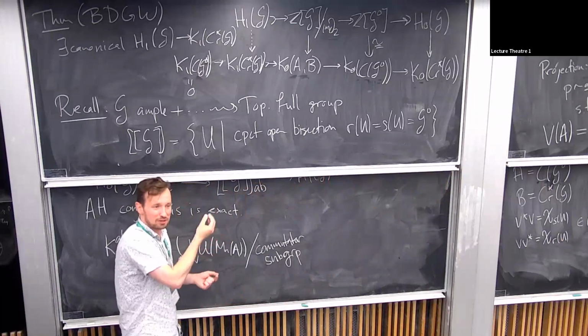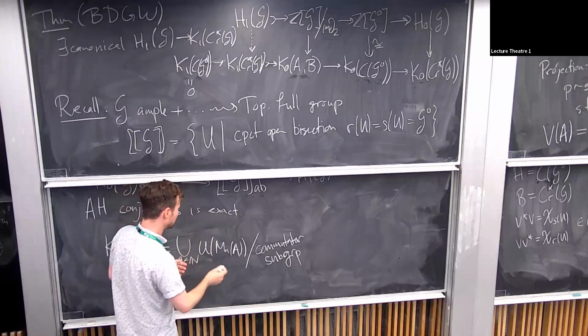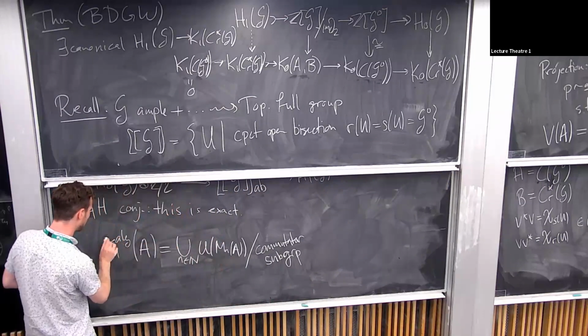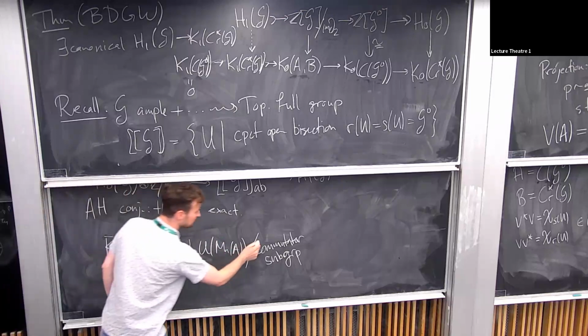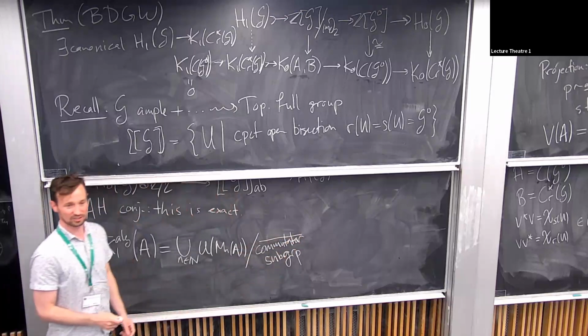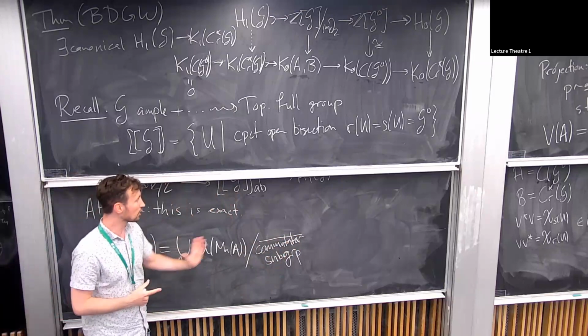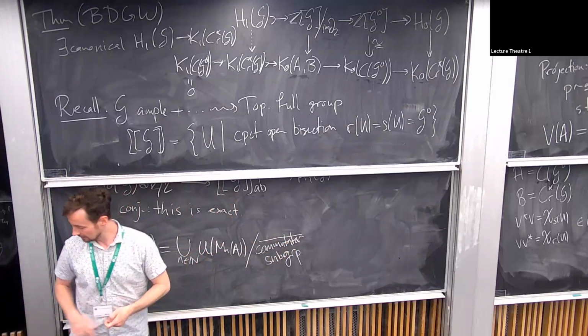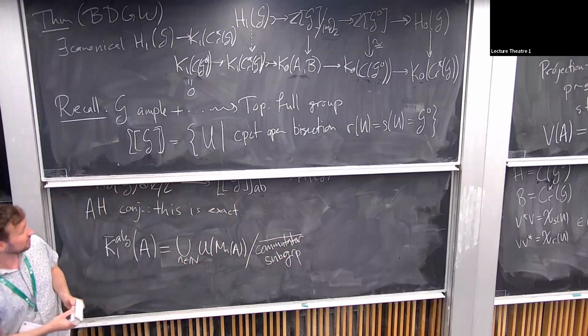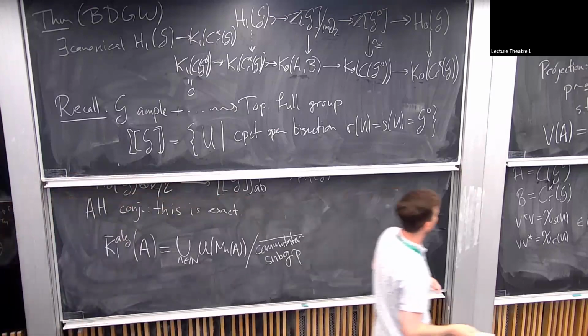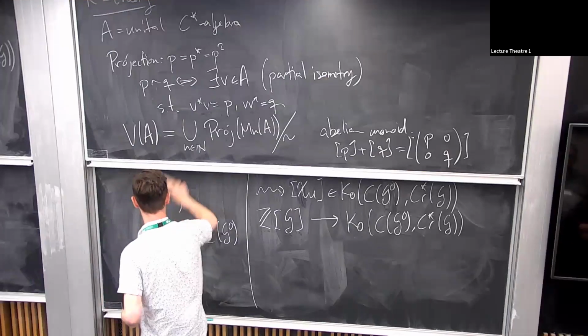add some of the topology that we already had, and then we put a bar here to indicate that we take the closure of the commutator subgroups. This becomes a much more manageable invariant.